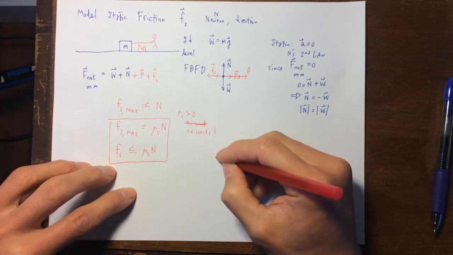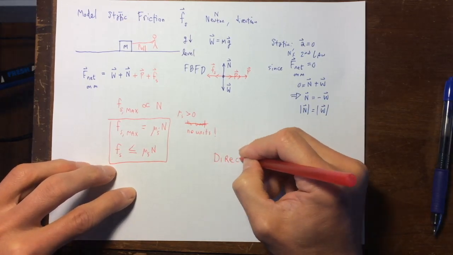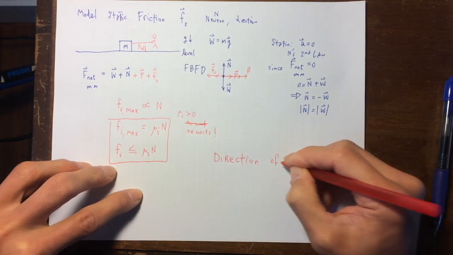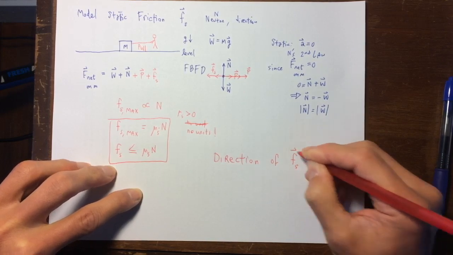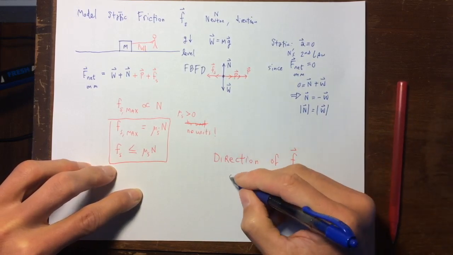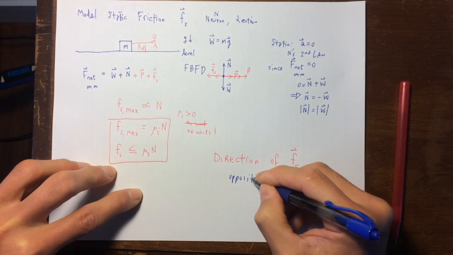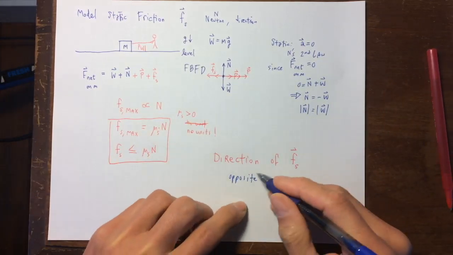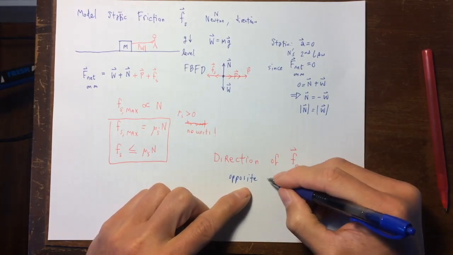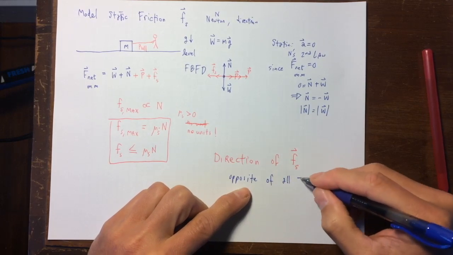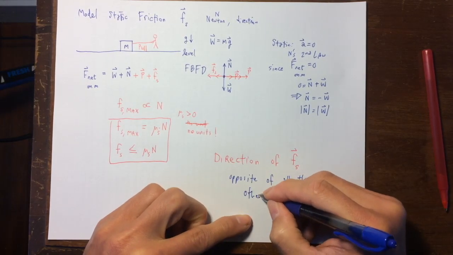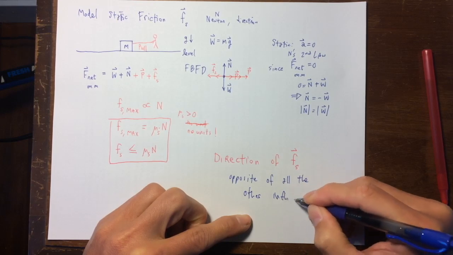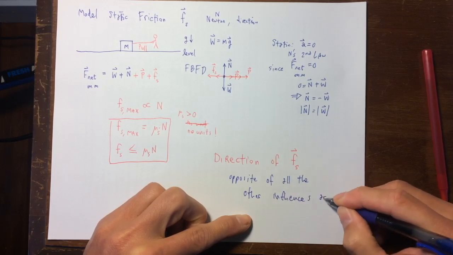I want to note really quickly about the direction of the static friction force. The best I can come up with to describe how to understand the direction is opposite of all the other influences added together.